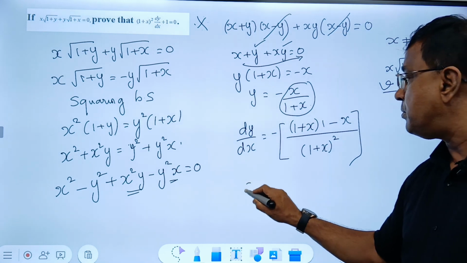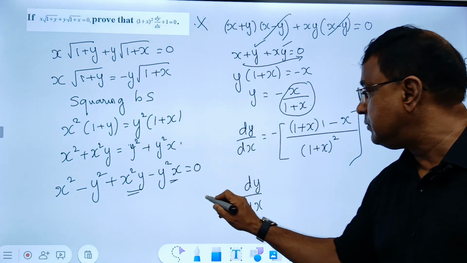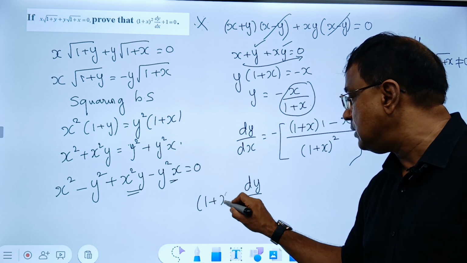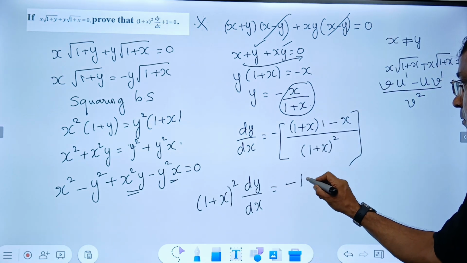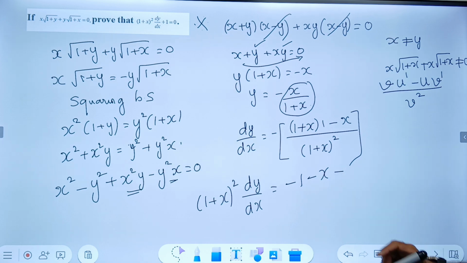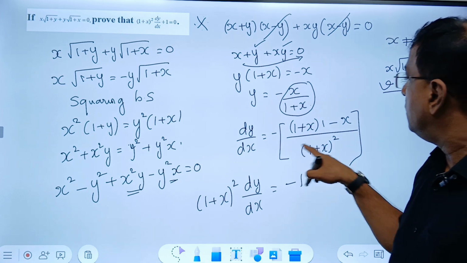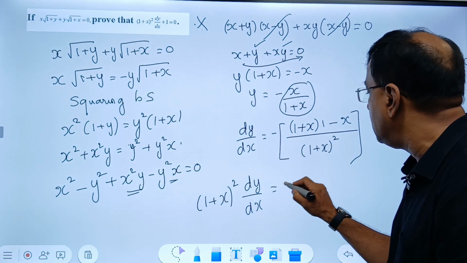So if you open the bracket, you can see clearly, or in fact you can cross multiply this. You get 1 plus x square equal to, if you open the bracket, you get minus 1 minus x minus v square. Once again, I think I made some mistake. v square, v into u dash minus, okay, I think I should have kept the minus outside.